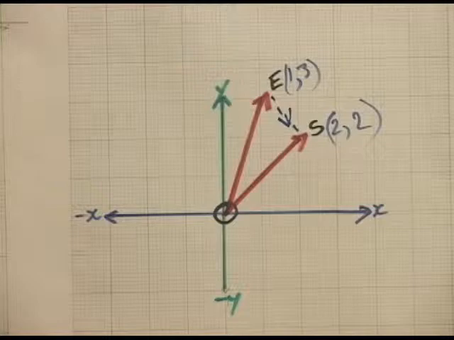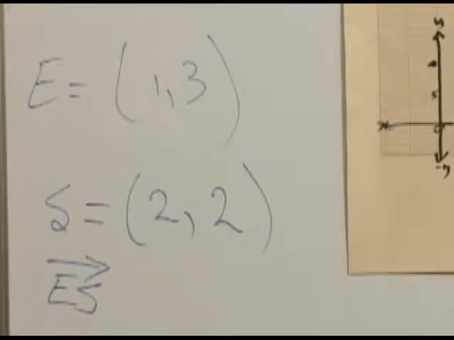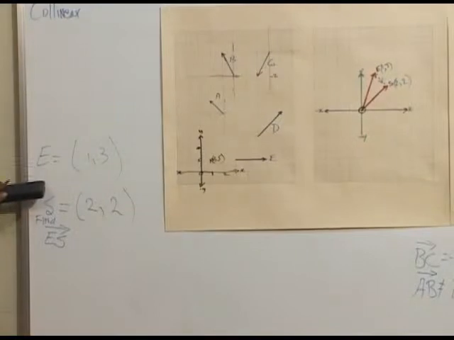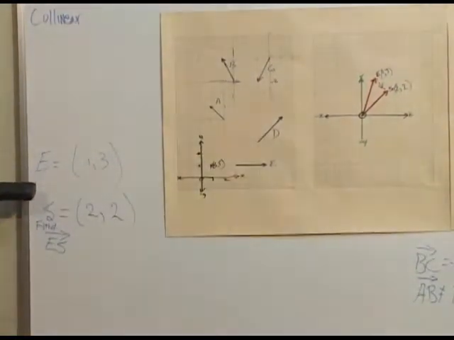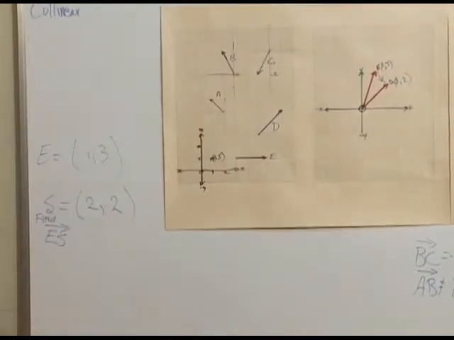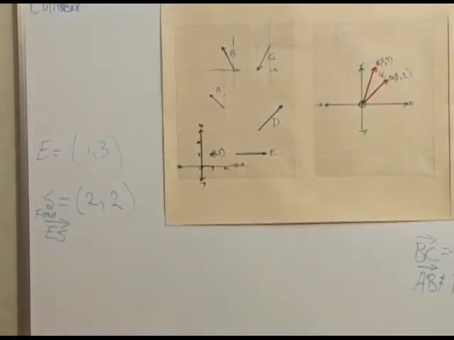Okay, and so we have to find the line ES. All right. Now, given the coordinates E equal to (1, 3) and S equal to (2, 2), find the vector ES. So the first thing we have to do is to put it in vector form, as usual, so we have to make the coordinates into column vectors or position vectors.